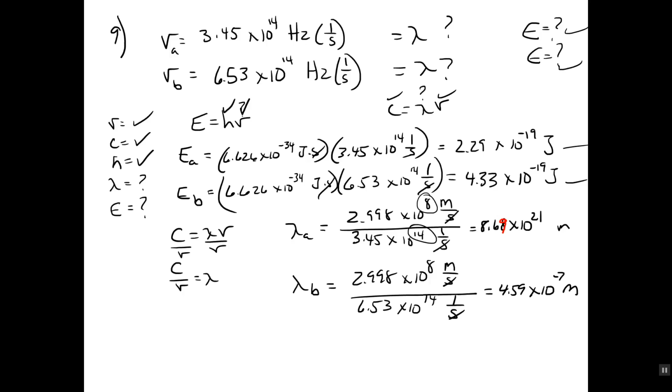And I'm still getting 10 to the 21st. And I don't think that's right. So let me try doing this other one. Let me see what I'm doing. I might be goofing on my calculator. Times 10 to the 8th equals that, divided by 6.53 times 10 to the 14th.